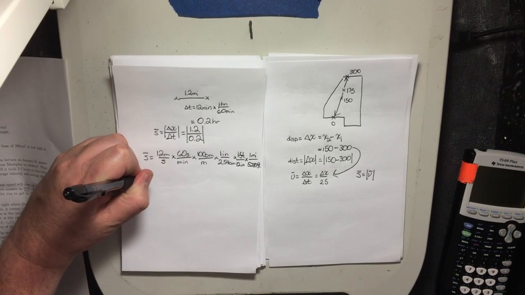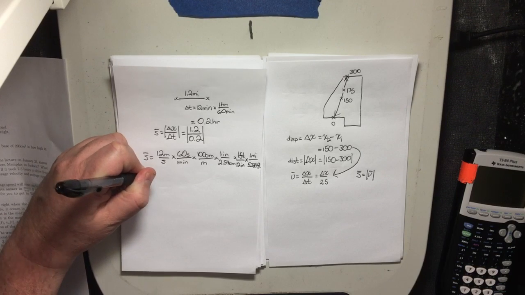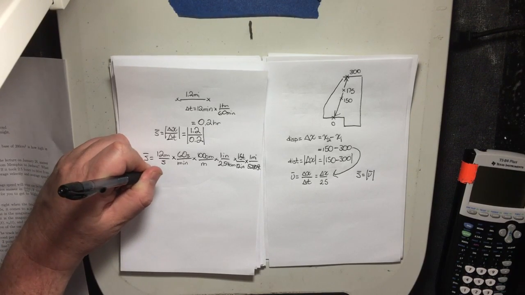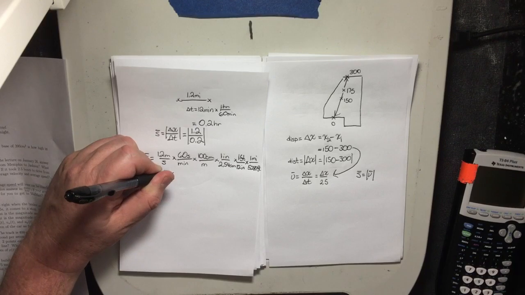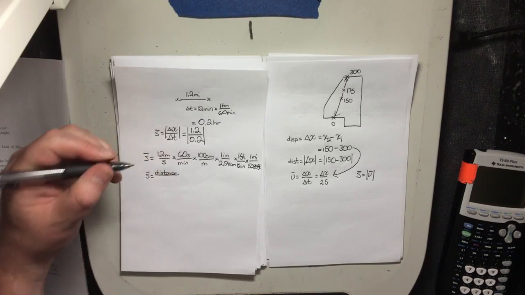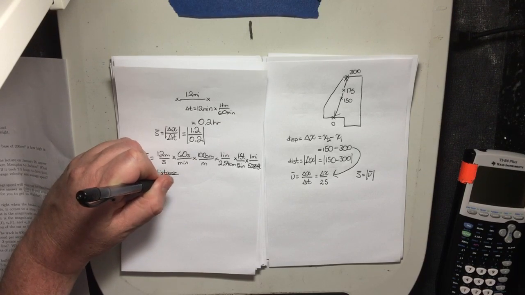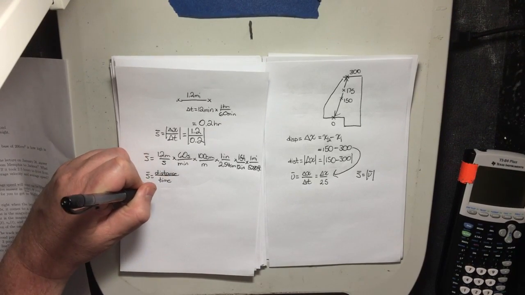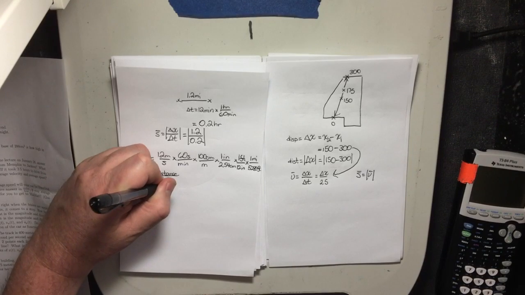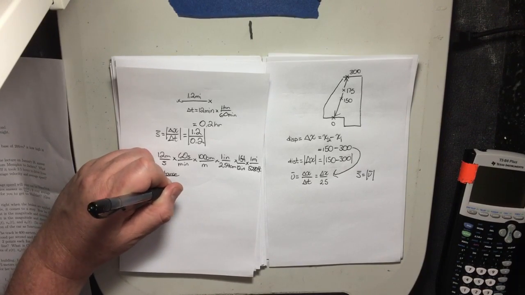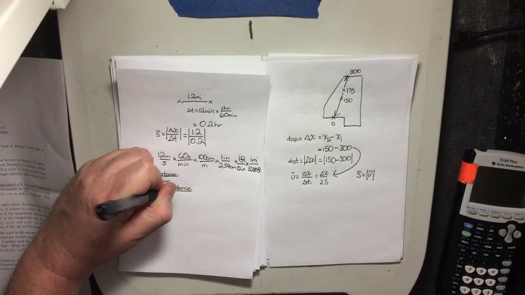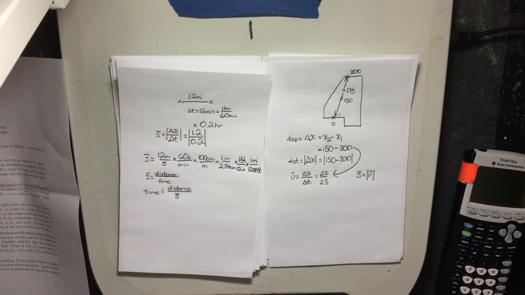Now, average speed is the distance divided by the time. Or you could say time is the total distance divided by your average speed.